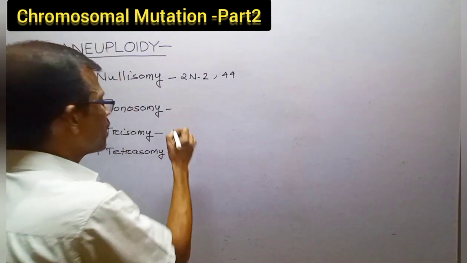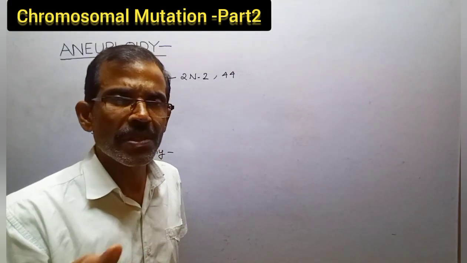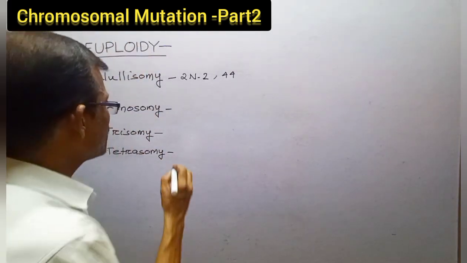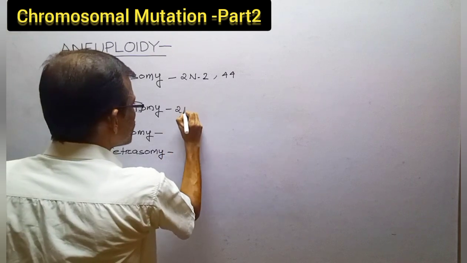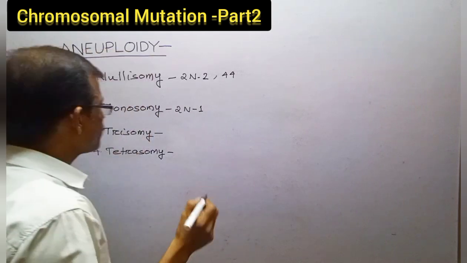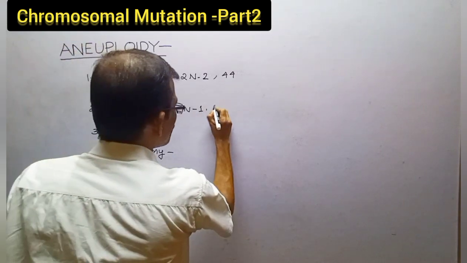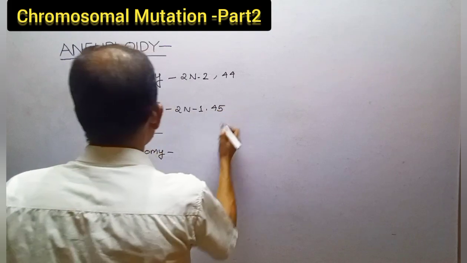The second condition is monosomy, which is the loss of a single chromosome, and it is represented by 2n-1. In human beings, a monosomic zygote will possess 45 chromosomes.